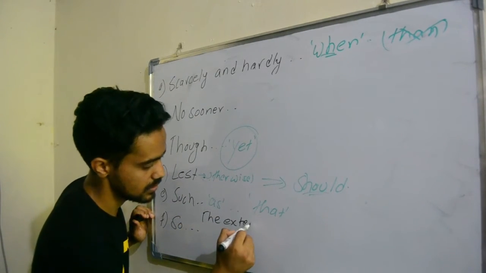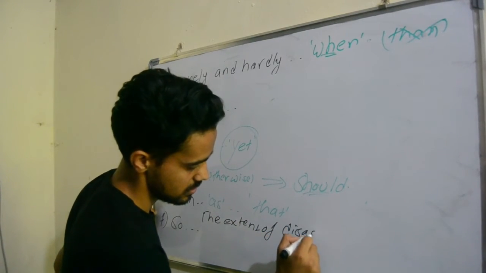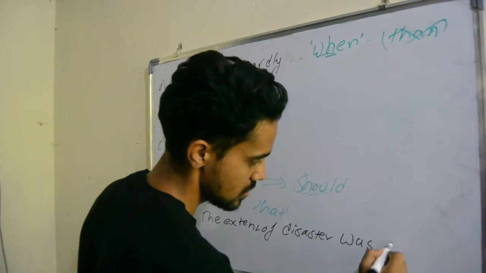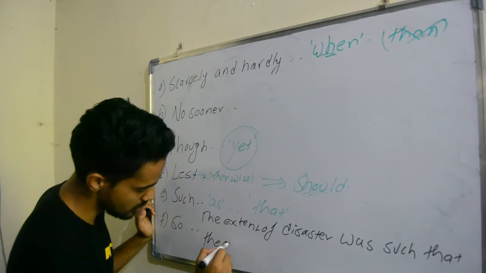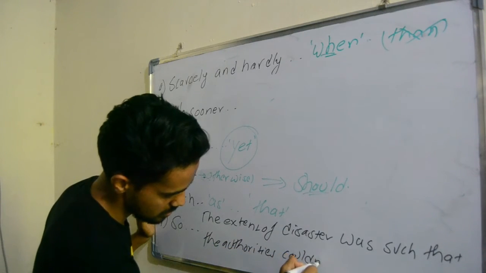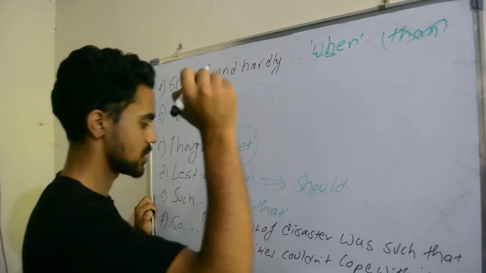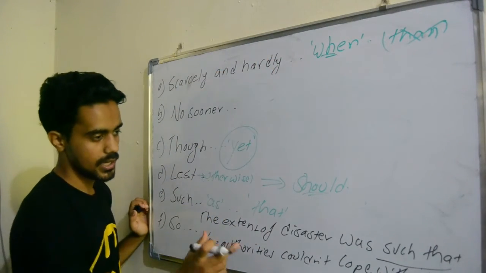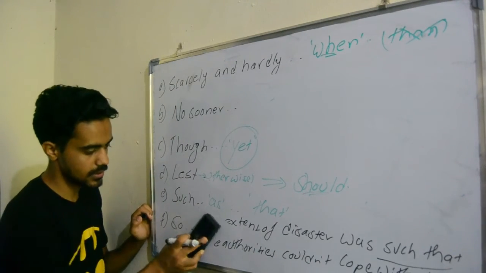The extent of the disaster was such that the authorities could not cope with it. Here, in the extent of the disaster, such that is used together: such that the authorities could not cope with it, right? So it can be the best example. You can look at it.